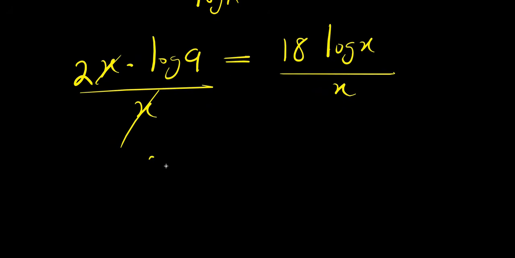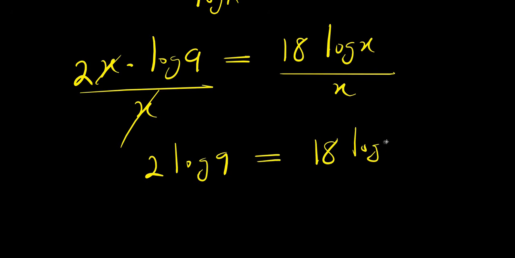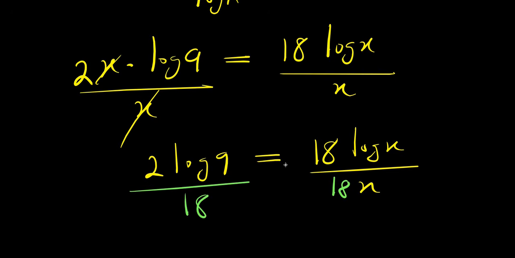So I will have 2 times log 9 equals 18 times log x divided by x. So I can also divide this part of the equation by 18. So I'll divide this by 18 and also divide this by 18. 18 eliminates 18, right?